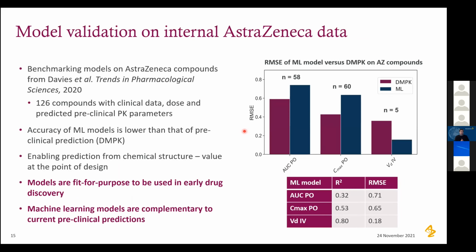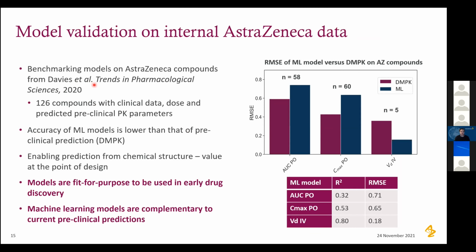So last but not least, we also wanted to benchmark this on internal AstraZeneca data. And this also ties back to the discussion before about the domain of applicability or validity. So we got a data set from colleagues here at AstraZeneca, Davis et al., who published a paper on the DMPK strategy for the past 20 years.